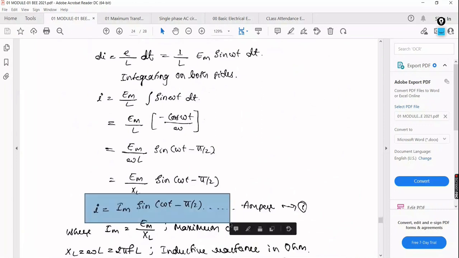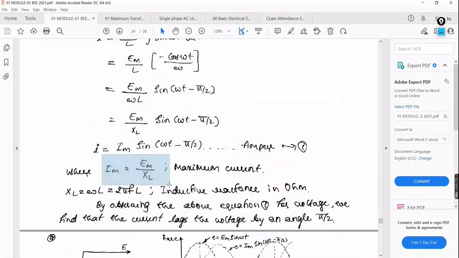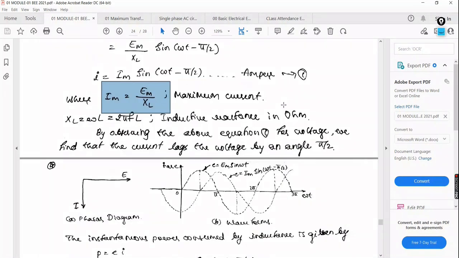That current is I is equal to Im into sine of omega t minus pi by 2, where Im is the maximum voltage divided by the inductive reactance XL, equal to omega L, which is equal to 2 pi FL. This itself is called inductive reactance, which opposes the change in current caused by the inductance.